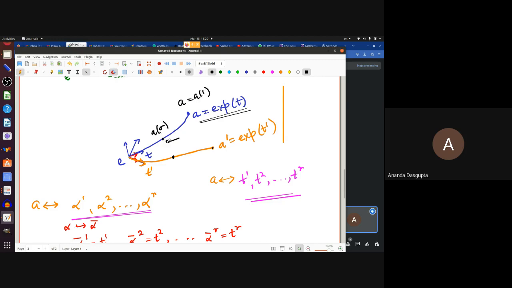What would the coordinates for this point be?